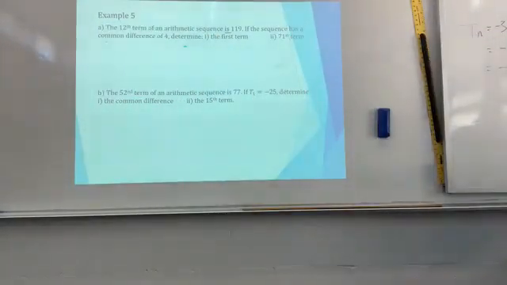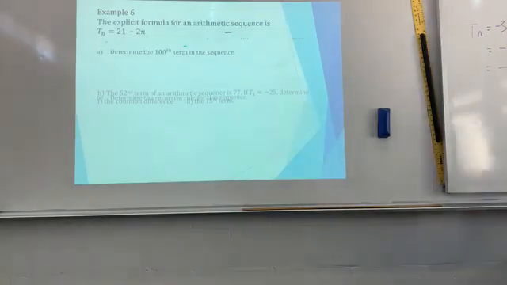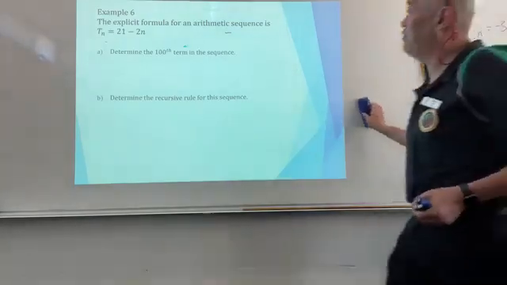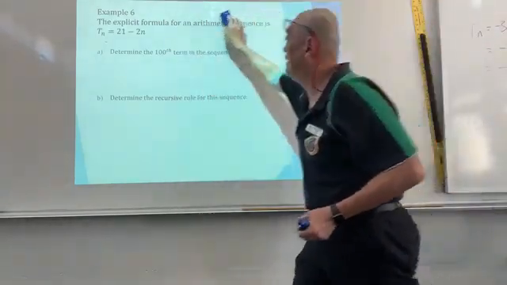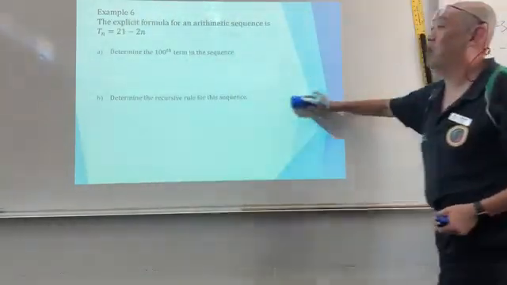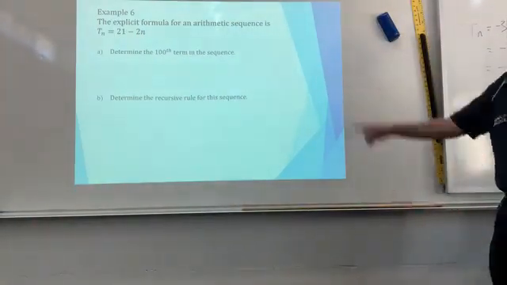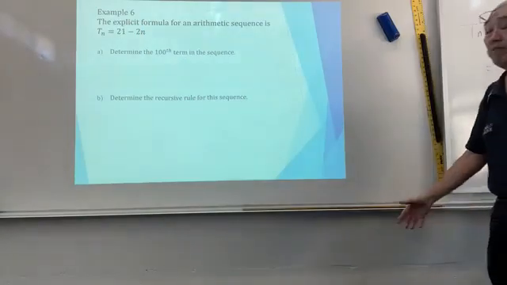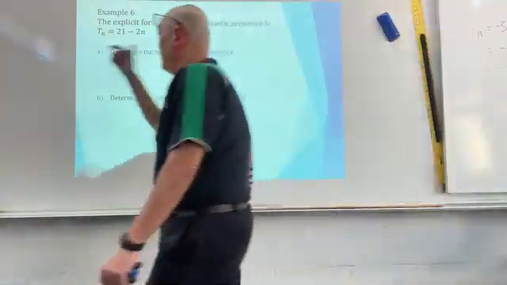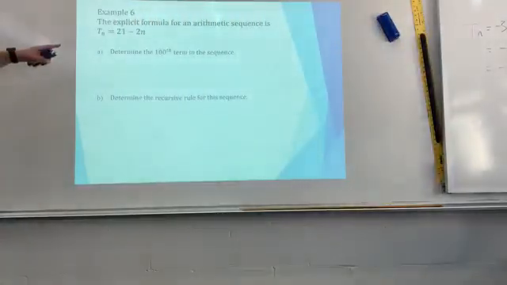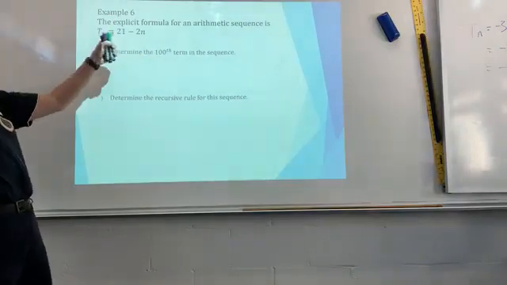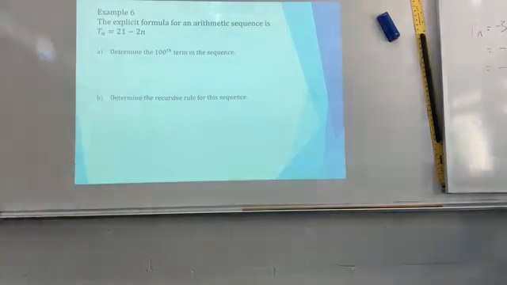All right, next example. Now, here, the explicit formula for an arithmetic sequence is Tn equals 21 minus 2n, and determine the 100th term in this sequence. All right? What you need to do is think about what the 100 means. You're just substituting n as 100.